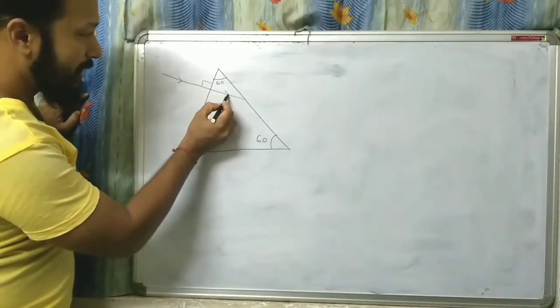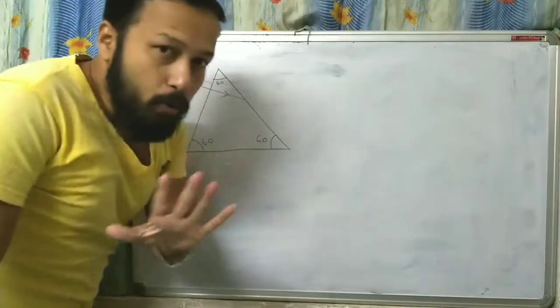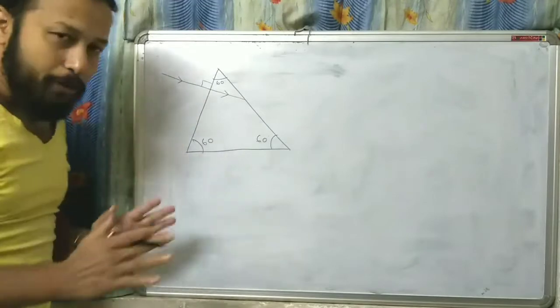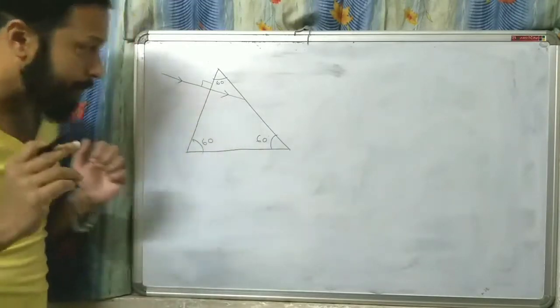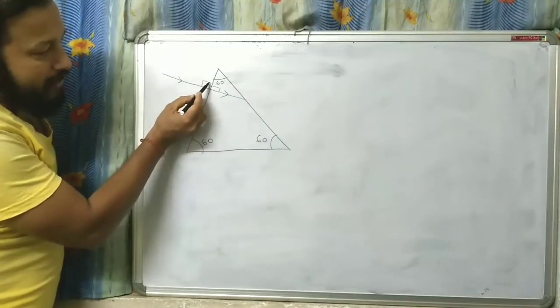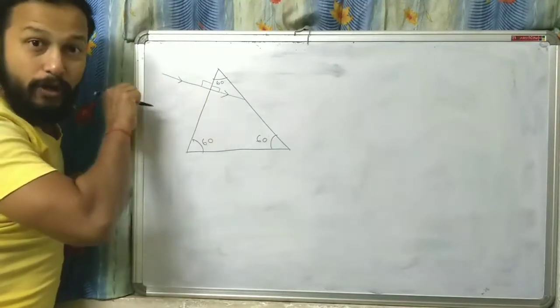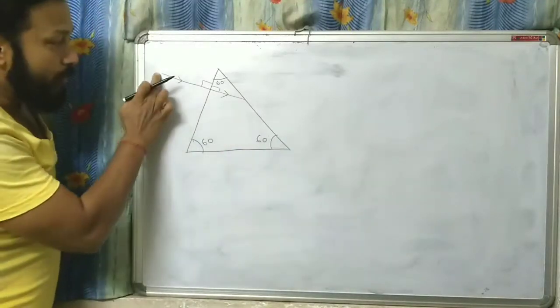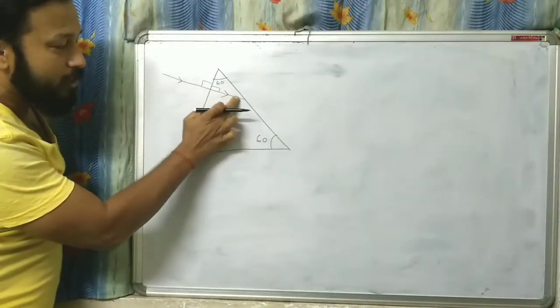So it will go like this. Now we have to find a few angles. See it very carefully. This angle is 90 degree, so this will also be 90. It will go straight, the same path.